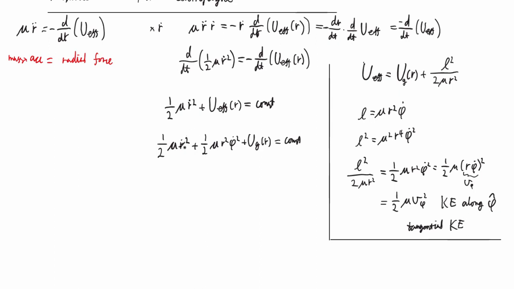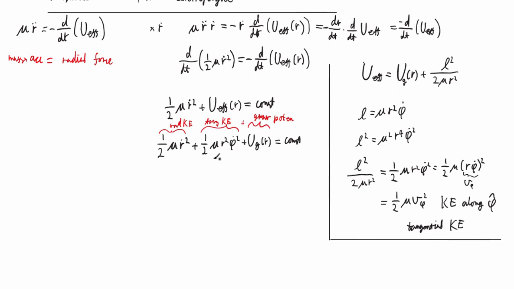So this is basically saying that the radial kinetic energy plus the tangential kinetic energy plus the gravitational potential energy is equal to a constant. So this statement is just a statement of energy conservation.